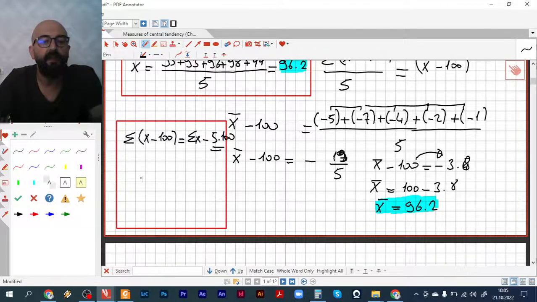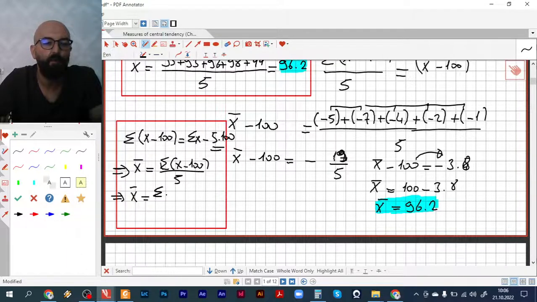Okay. Now we can use this situation if we want to use this process to compute the mean. The sum of x minus 100 over 5 means the sum of x minus 5 times 100 over 5.